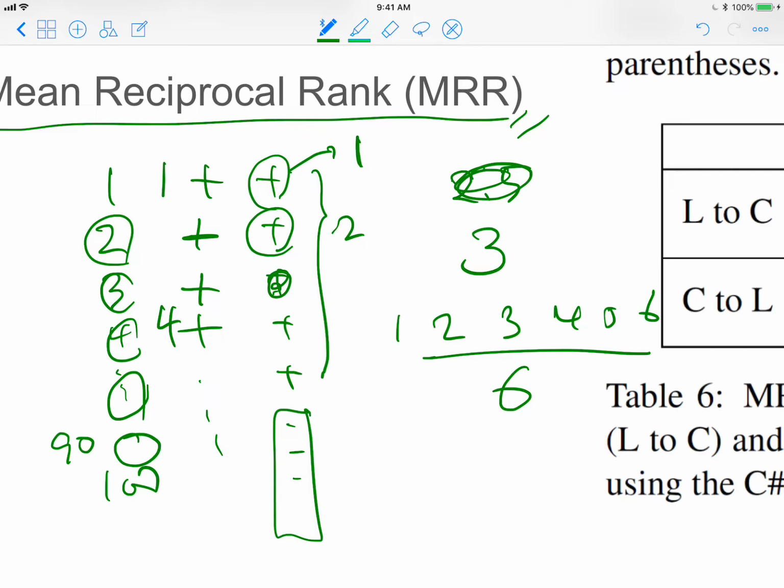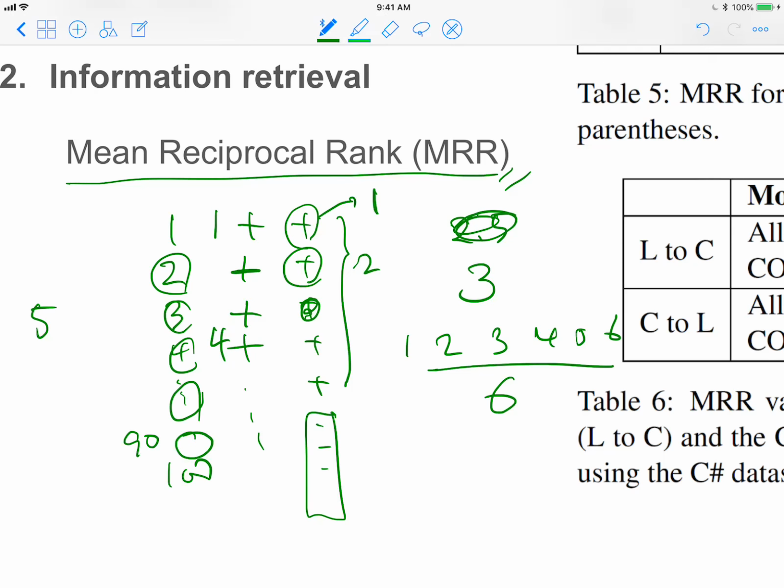If we consider this average rank, it will be 1, 2, 3. Oh, it's 3, right? Is it 3? It's 2.5, right?